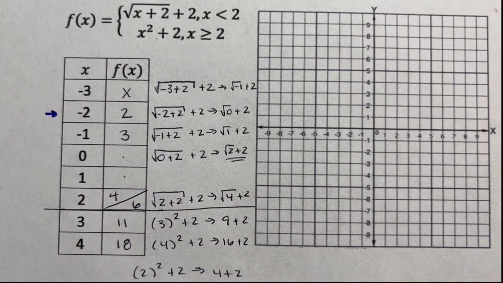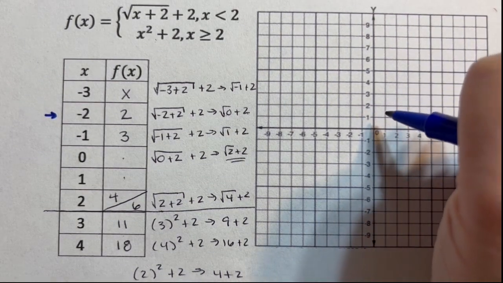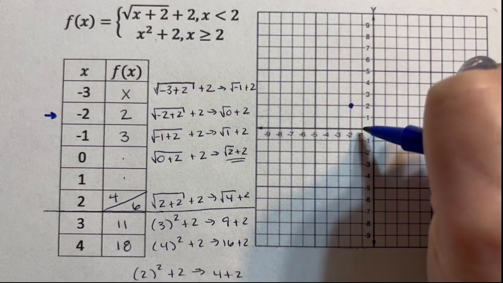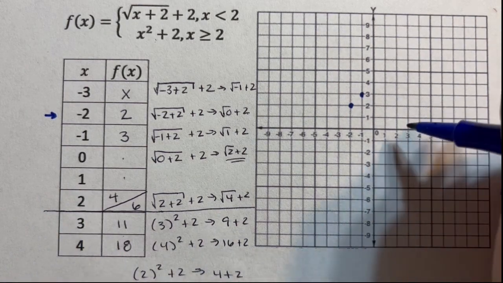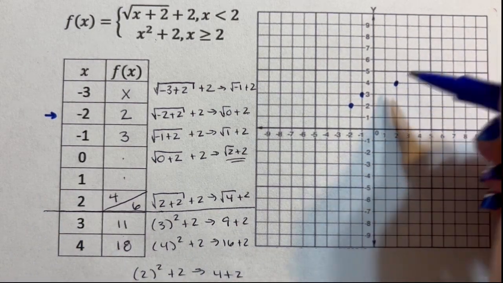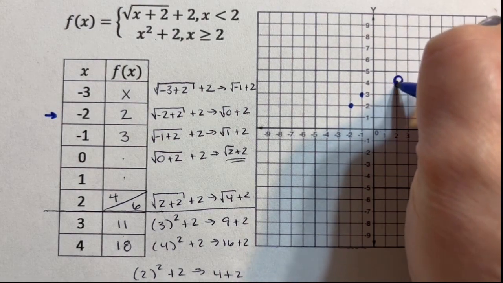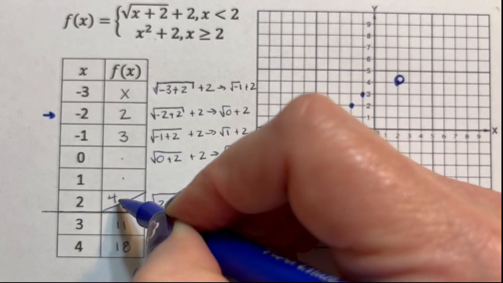So we start at -2, 2. -1, 3. And then the next one I did was 2, 4. And that one needs to be an open hole. And that's it for this part of the graph.